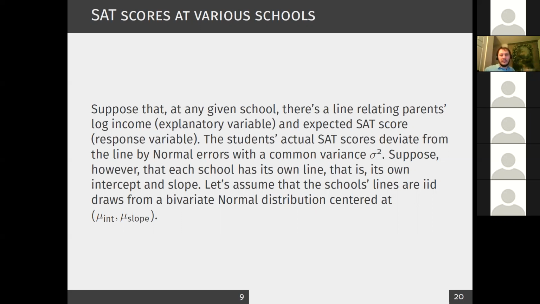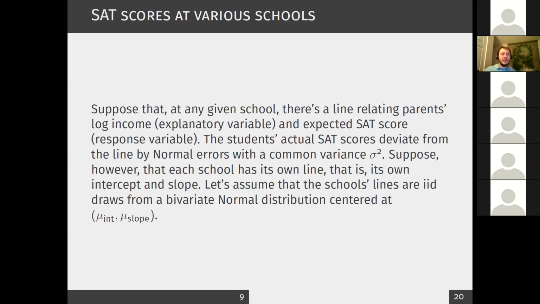Would it be reasonable to think of some true overall expected relationship between SAT scores and parents' log income? There's some true line where the higher your parents' log income, the higher your expected SAT scores. But any individual school will have its own line that may differ from the true line by some small amount that could be modeled as normal draws.